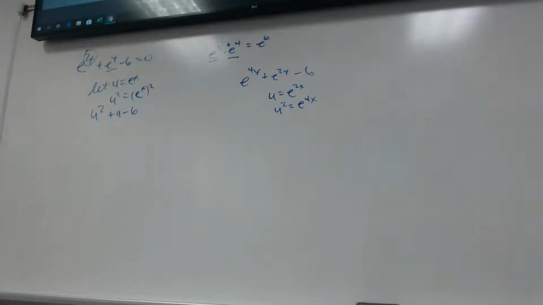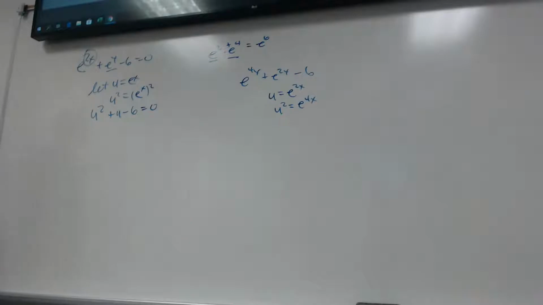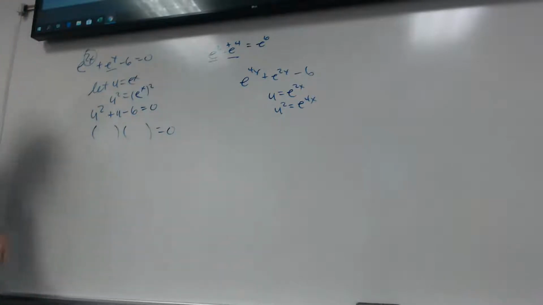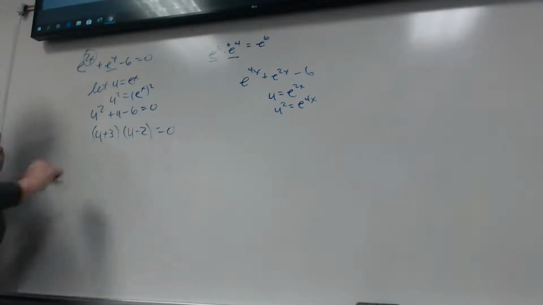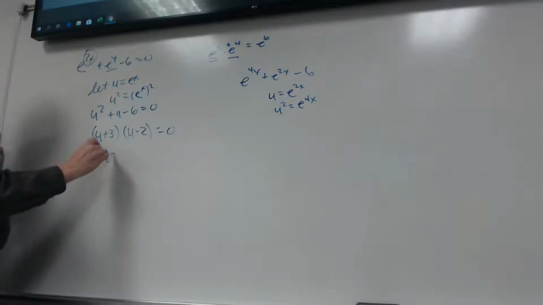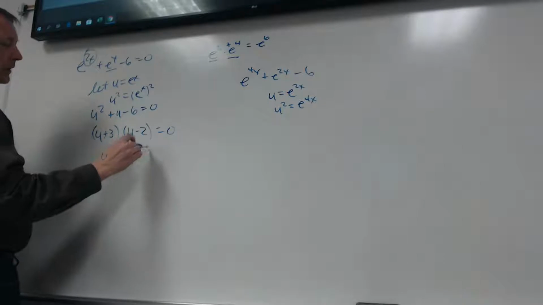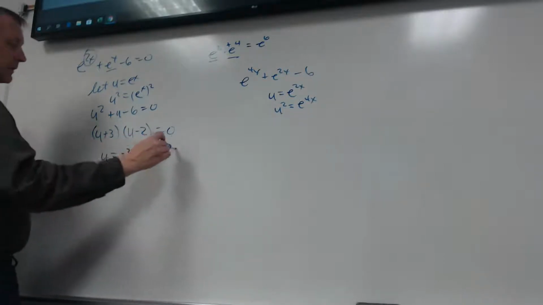Okay. So now it's super easy to factor, right? How do we factor this? u plus 3, u minus 2, okay, equals 0. So u equals -3, or u equals positive 2.